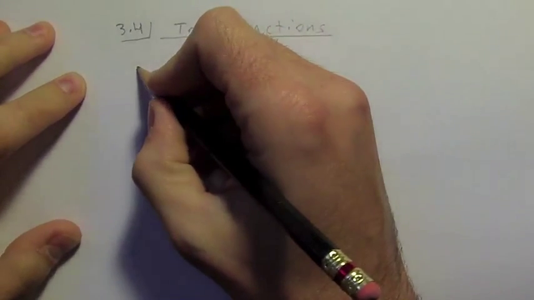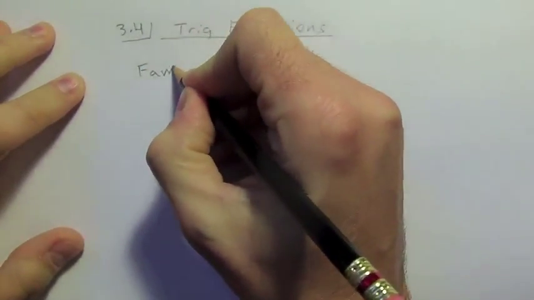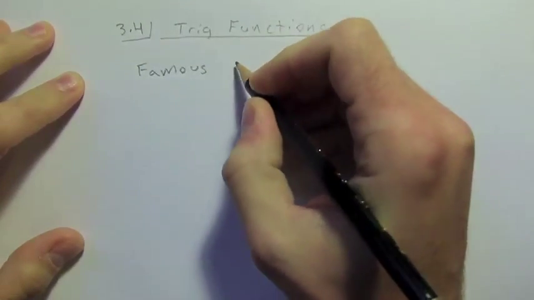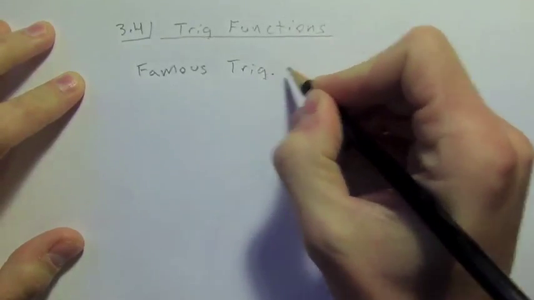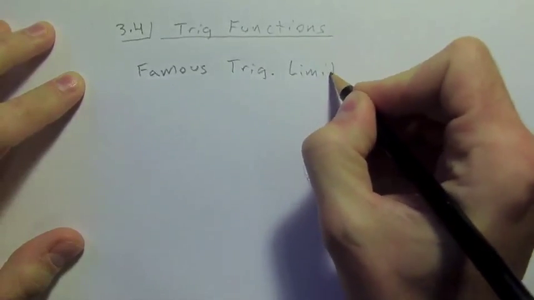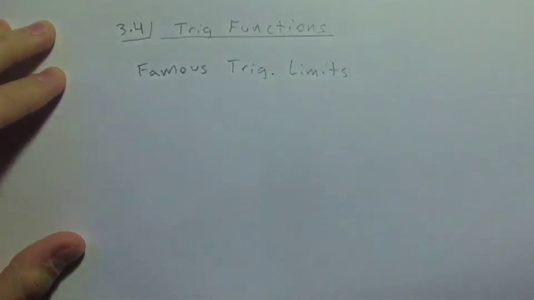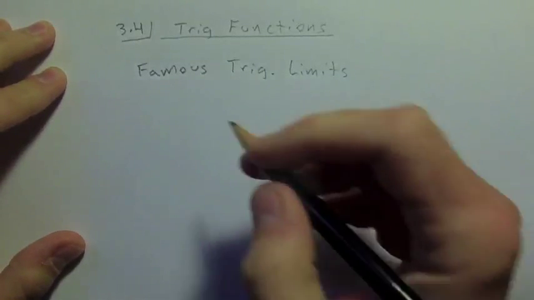Okay. Now to start this discussion, what we're going to look at first is what I like to call the famous trig limits. Because remember, to look at the derivatives, we will need to look at some limits. And the two famous trig limits we're going to look at is this one.